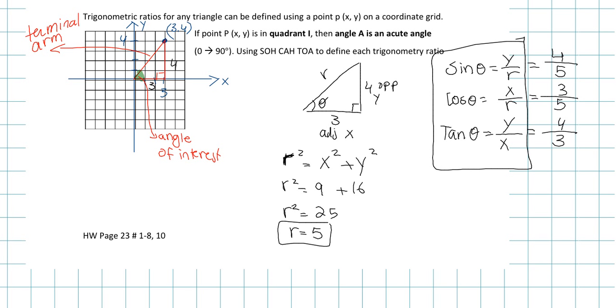Now, how would this be different if my point is in the second quadrant? It's going to be negative. What's going to be negative? The x. The x is going to be negative.